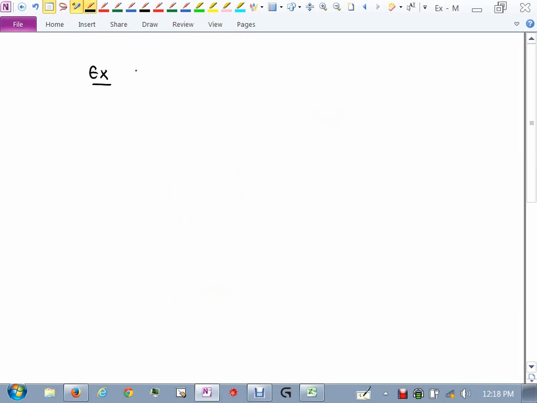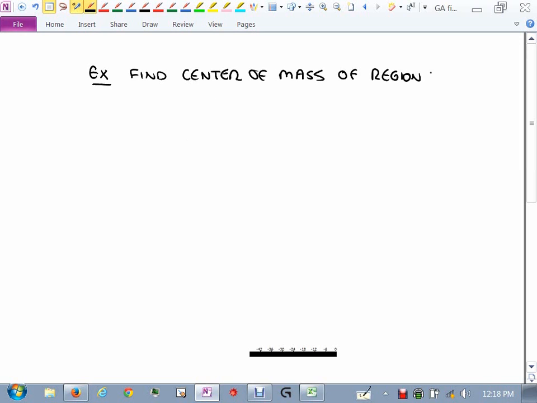Example. Find the center of mass of this region. Here's the region. I'm going to describe it to you.